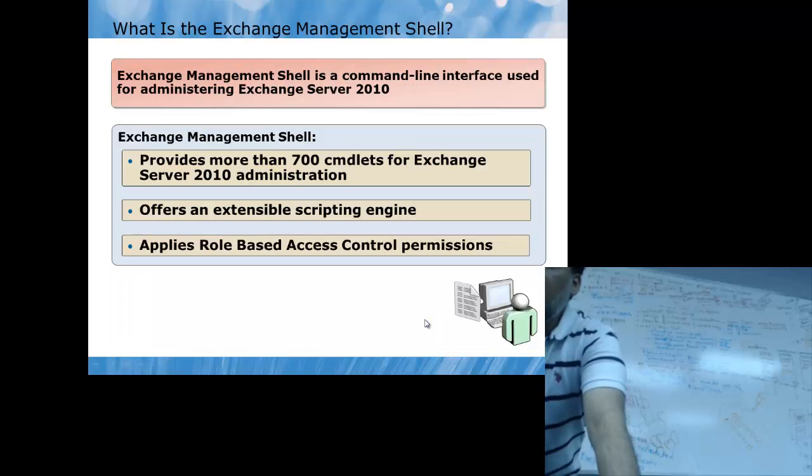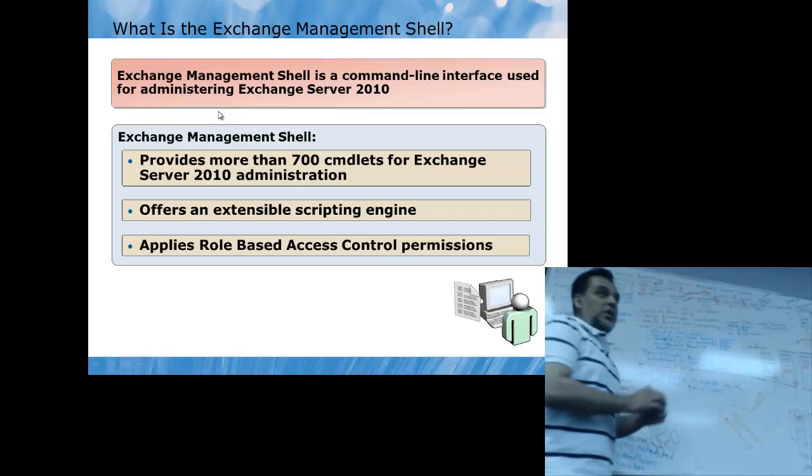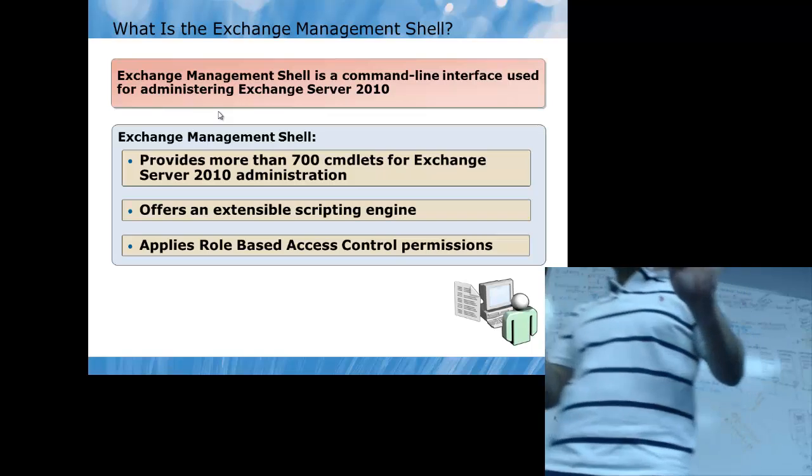And then it shows you that the Exchange Management Shell is a command line interface. Now, guys, not all PowerShell windows have all the cmdlets. For Exchange, if you don't install the Exchange module inside PowerShell, your Exchange commands won't be available.